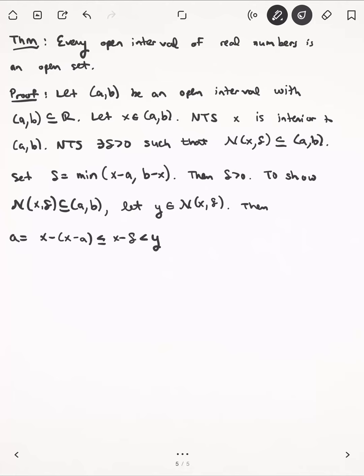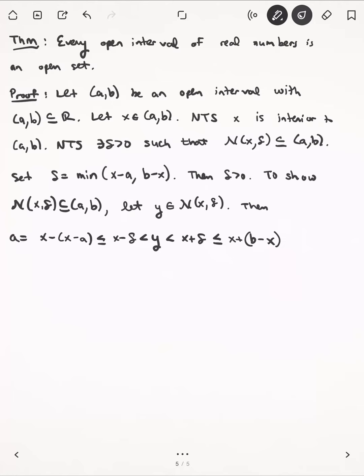Why? Because y is in that neighborhood, which is less than x plus delta, right? Which is going to be less than or equal to x plus (b minus x), which again, if delta equals b minus x, then that clearly holds.